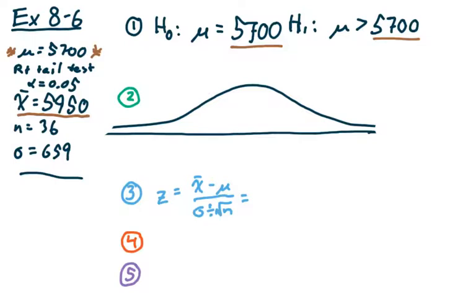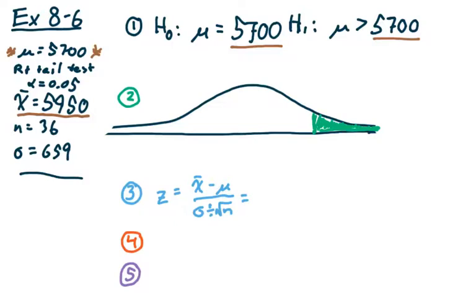Step 2 is to find the critical region. So here we're basically looking for the area underneath the curve extending out in the positive x direction. The area underneath the right side of the curve, right?